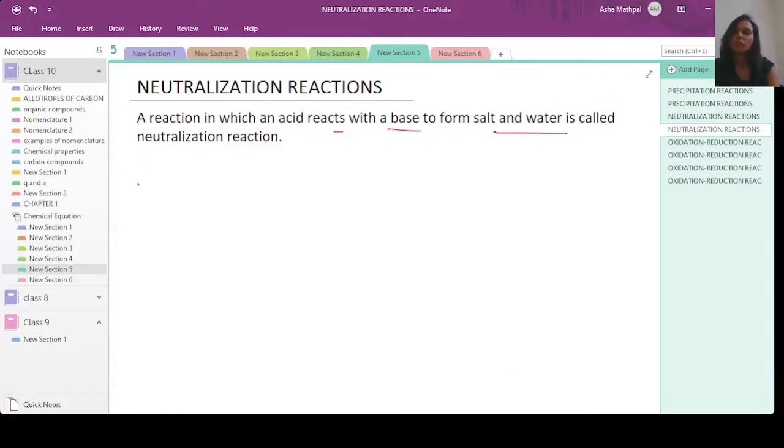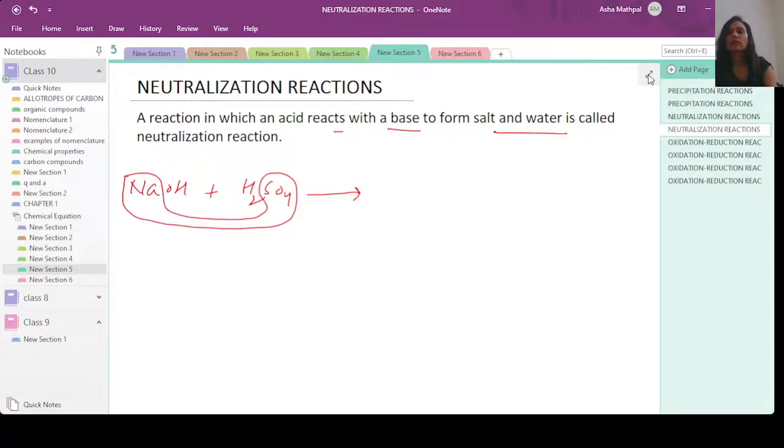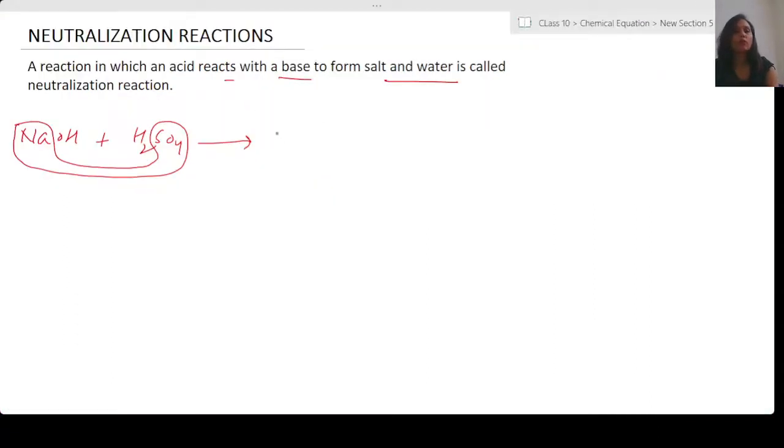With H2SO4 also you can write like this: NaOH is a base, it reacts with H2SO4. Here also the same thing, Na will combine with SO4 and OH will combine with H. So what will be formed here?